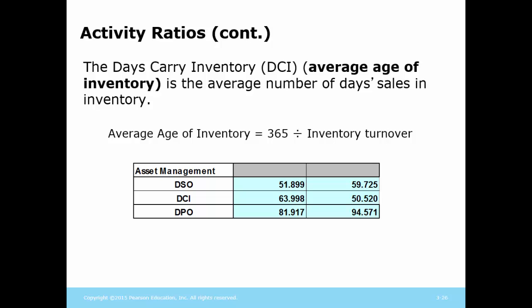It also could be that management is saying, look, 63 days is too much. We have to retract and downsize the inventory of the company to better manage the overall costs. But either way, a decreasing number is a better number.